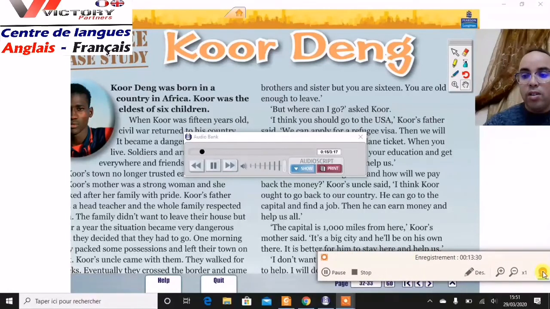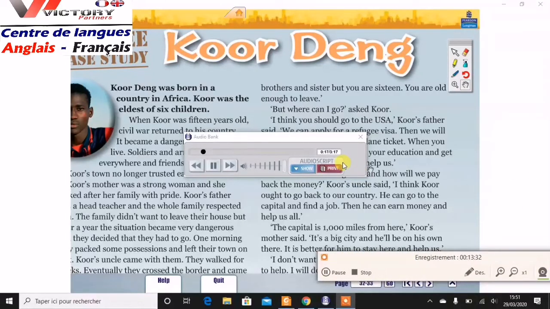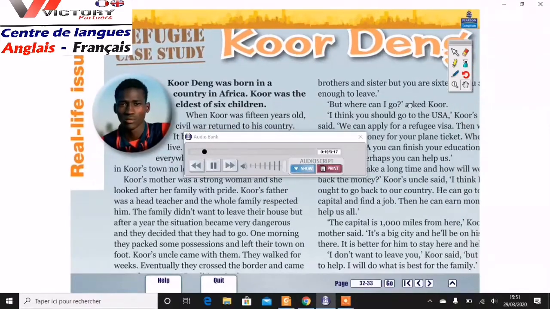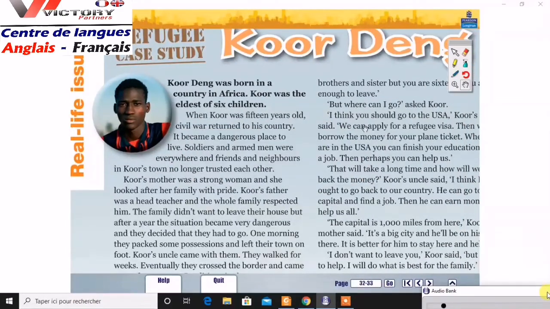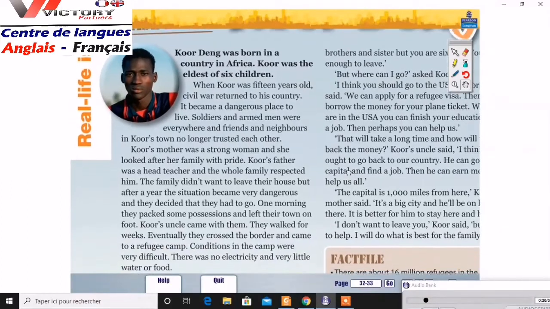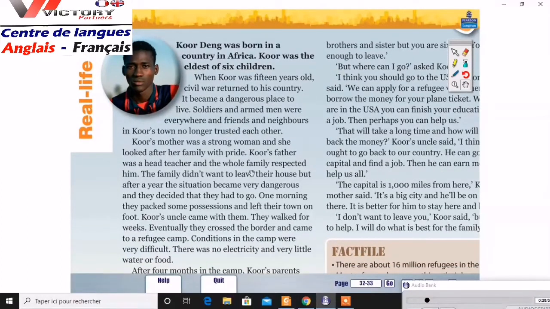Refugee case study. Cour Deng. Cour Deng was born in a country in Africa. Cour was the eldest of 6 children. When Cour was 15 years old, civil war returned to his country. It became a dangerous place to live. Soldiers and armed men were everywhere, and friends and neighbours in Cour's town no longer trusted each other.